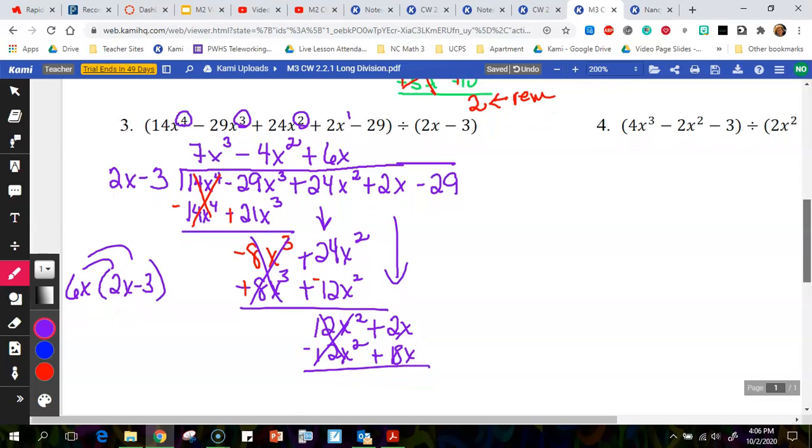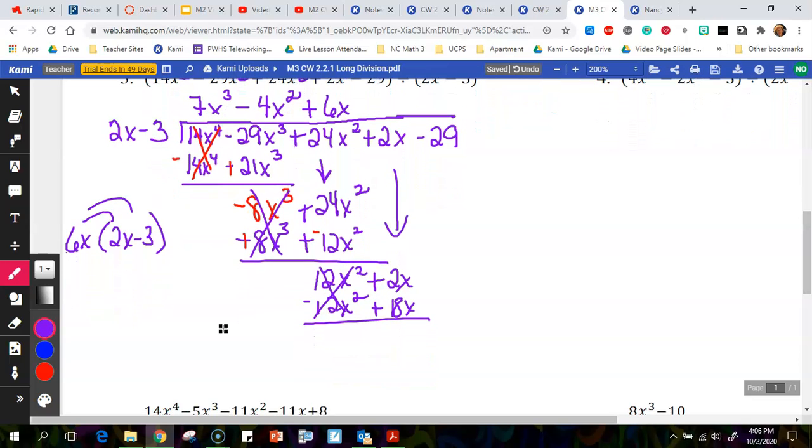Oh, I didn't get my red that time. 2x plus 18x is 20x. Bring down the minus 29. 20x divided by 2x is plus 10. So then I'm taking the 10 and I'm multiplying it times the 2x minus 3, and that's going to go down here under the 20x minus 29.